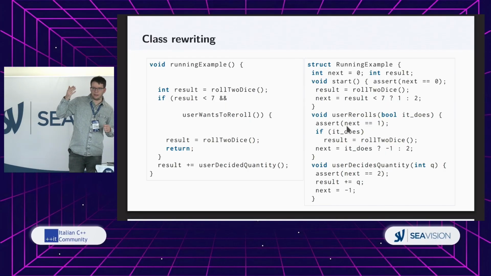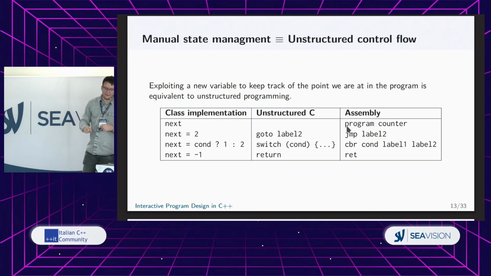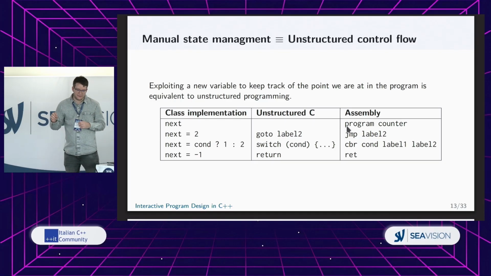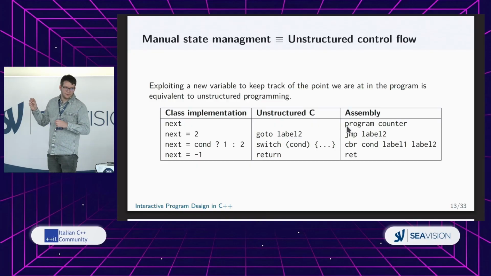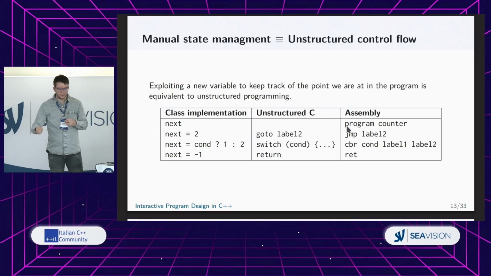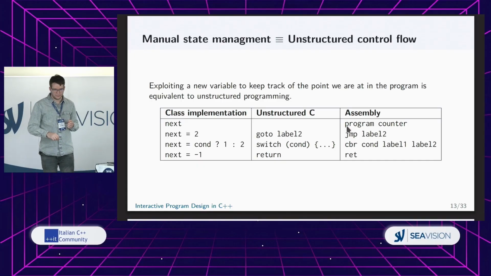And that is the same for a goto and a label. And so if you are a bit insane, you start thinking that managing the next variable is like managing unstructured C code, where you say, I want to go to this label, or, well, you can perform a switch if you want. Setting next to -1 is like performing a return, and so on.